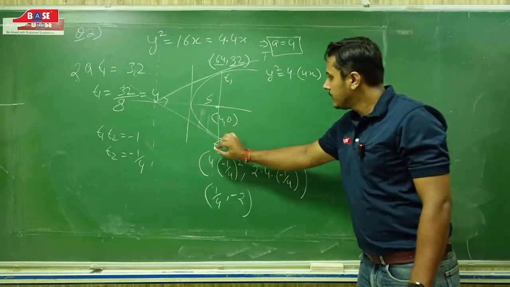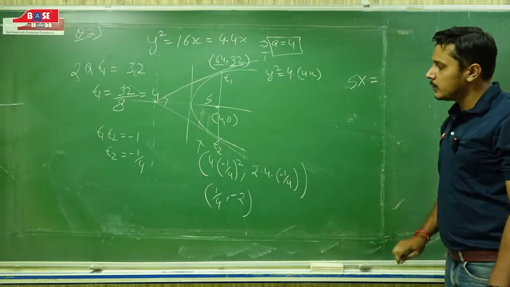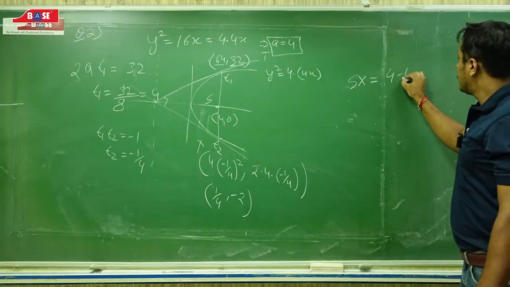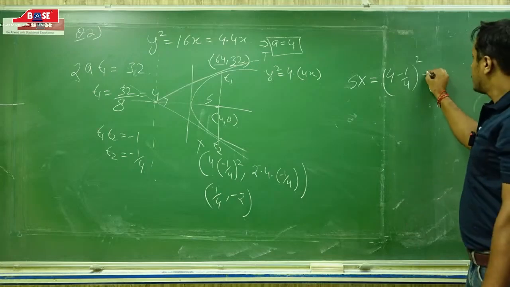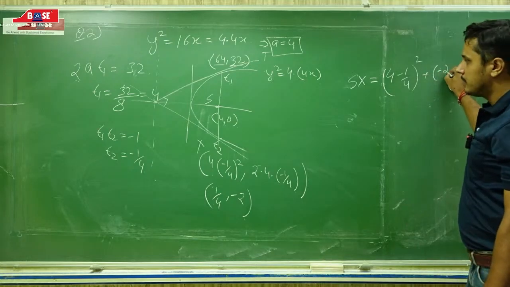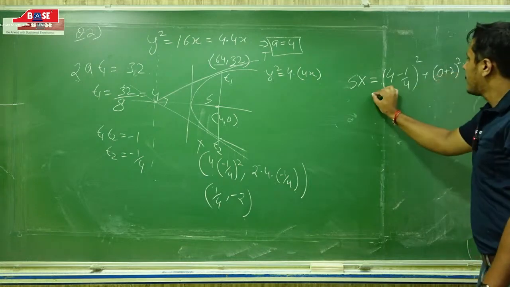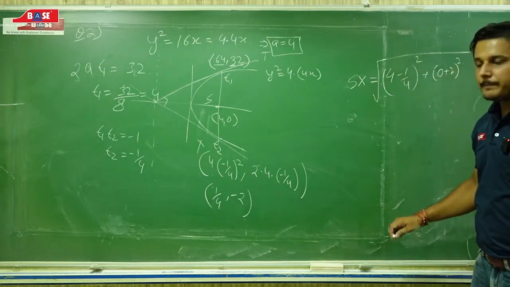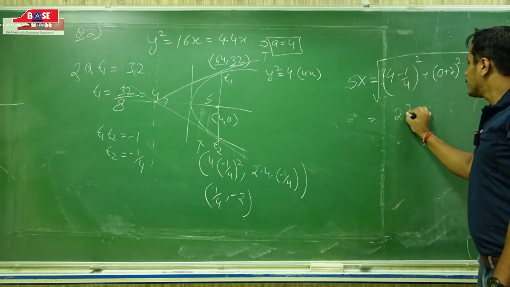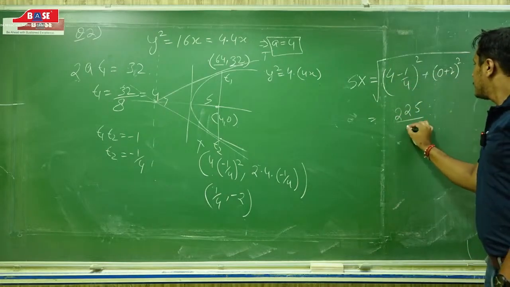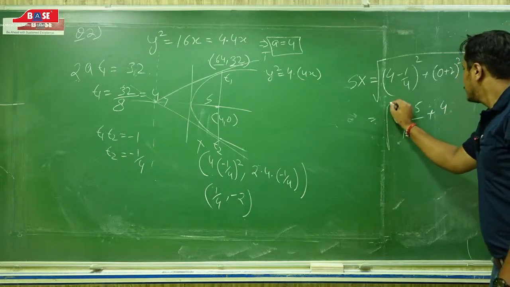Let me call this point X. So Sx is equal to under root, 4 minus 1 by 4 square, plus 0 minus -2, which will become 2 square. Okay. So this is 15 by 4, so 225 by 16 plus 4 under root.